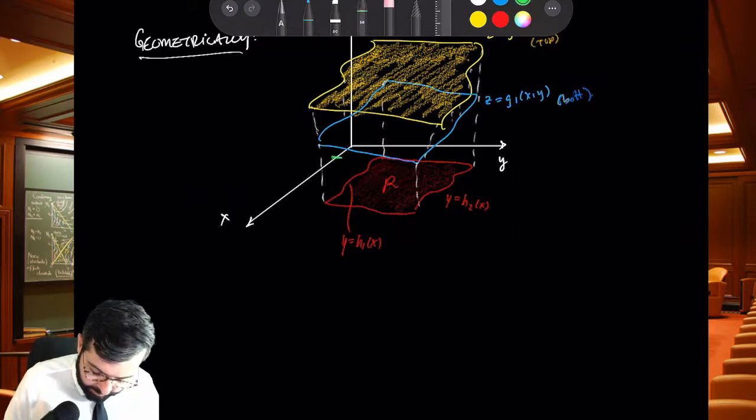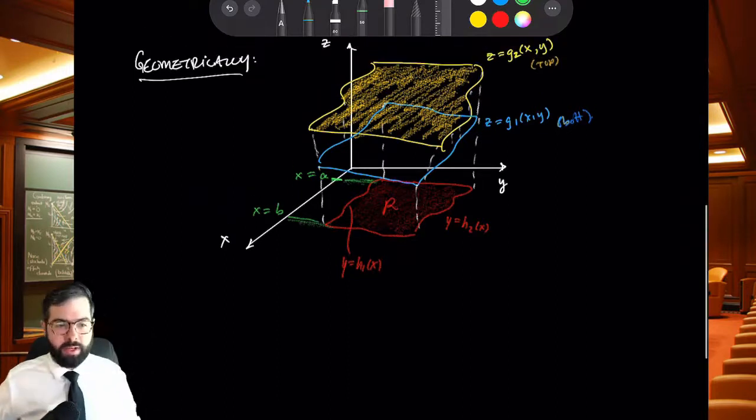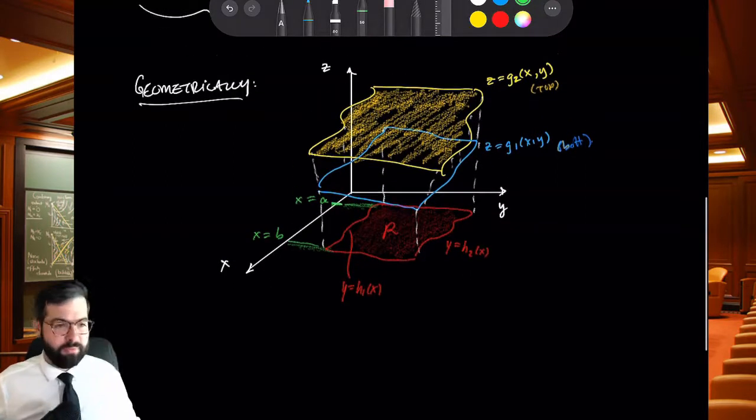And then we know x starts here and stops here. So we'll call this A, x equals A and x equals B. And if your diagram's not as beautiful as mine, that's okay. You can just have this one.